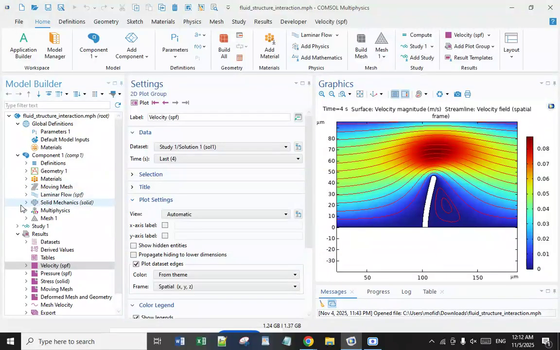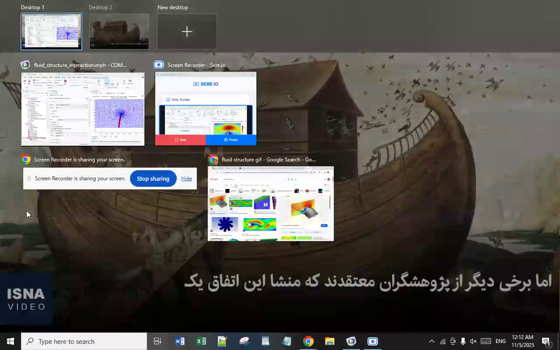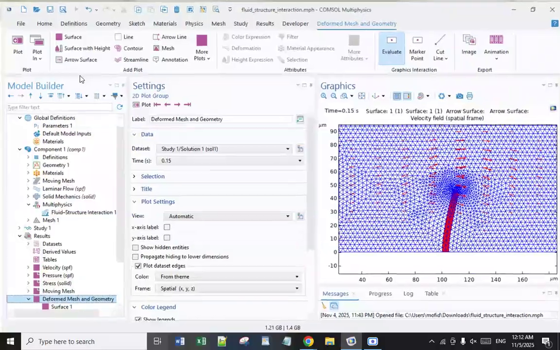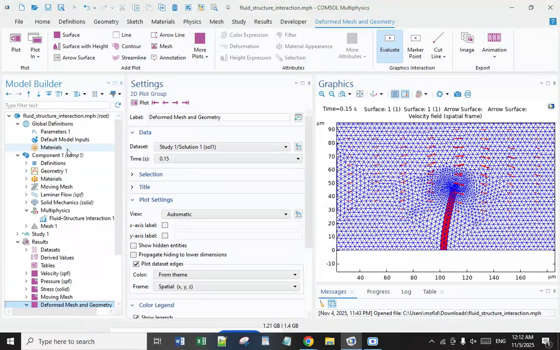And the next one is solid mechanics for measuring pressure and stress. This deformable mesh and geometry is because of these multiple physics.